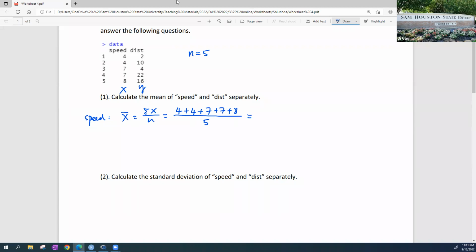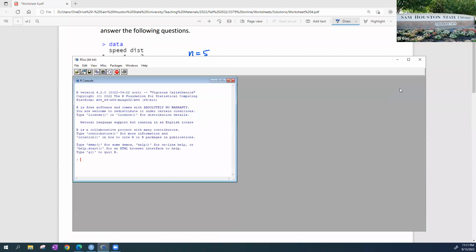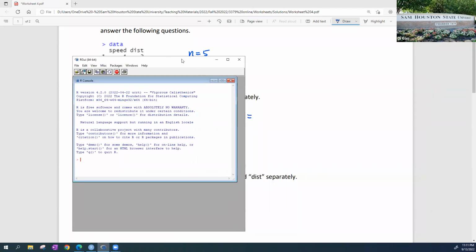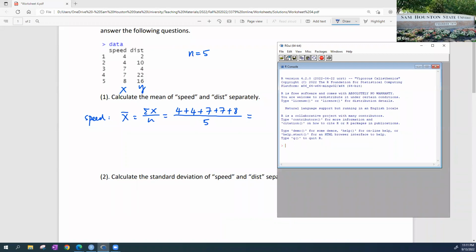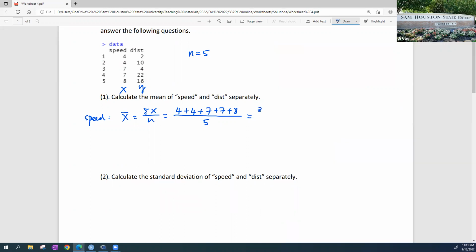So then we can use our calculator to calculate the sum. So let's type it in: 4 plus 4 plus 7 plus 7 plus 8. That gives us 30. So that's 30 over 5. That's x bar, the mean of speed.